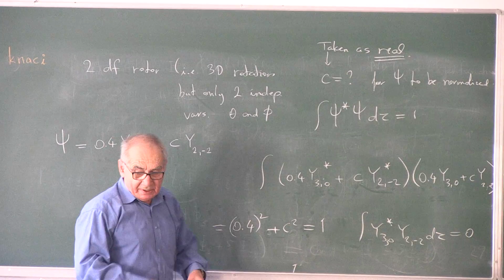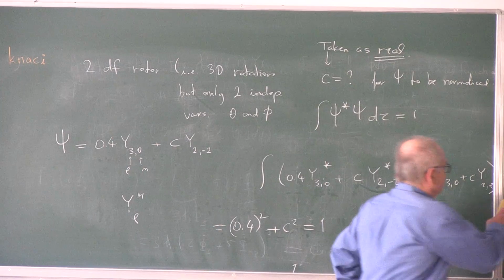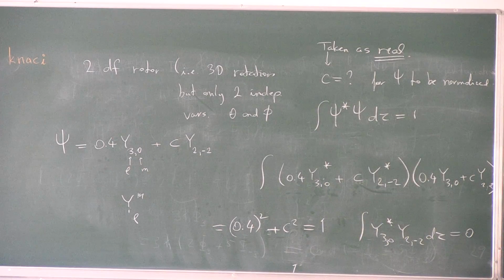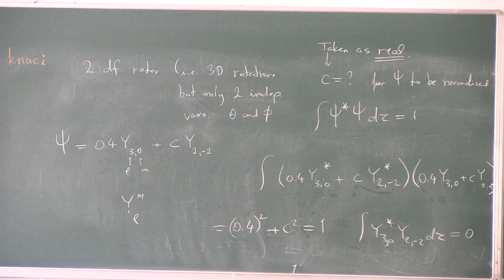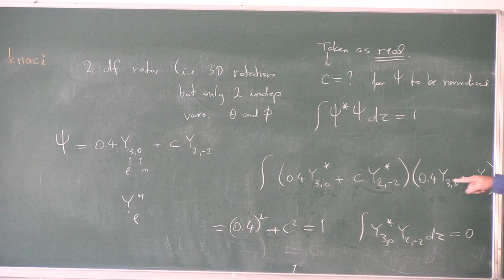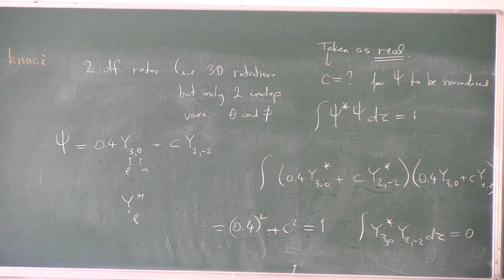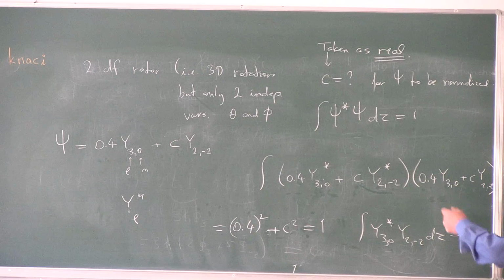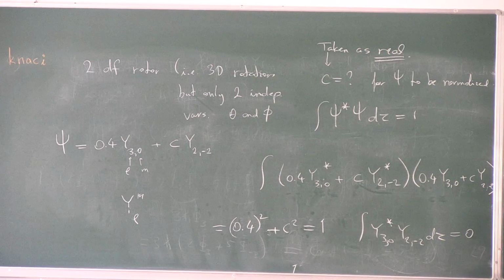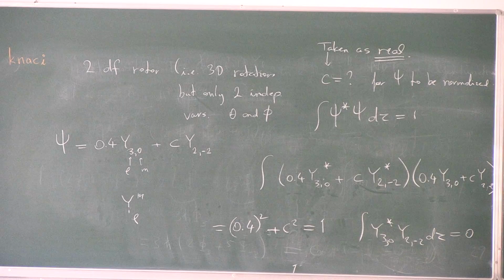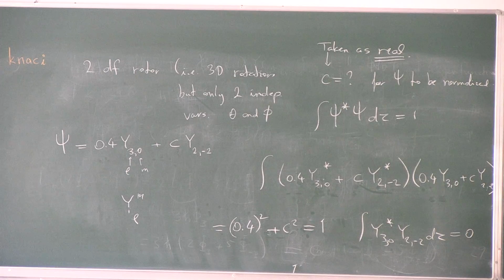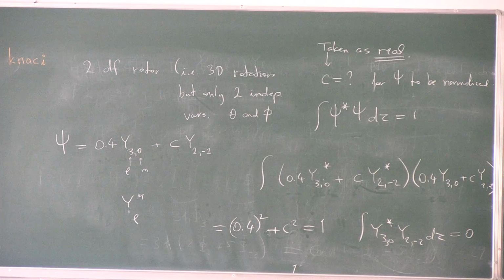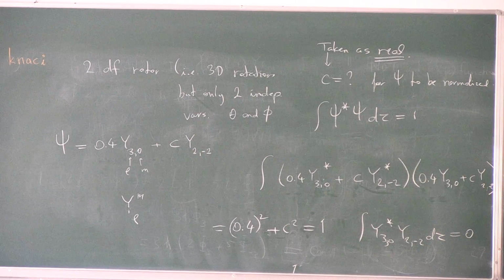So we have c square is equal to 1 minus 0.4. And then you may select c as either plus or minus square root of 0.84.